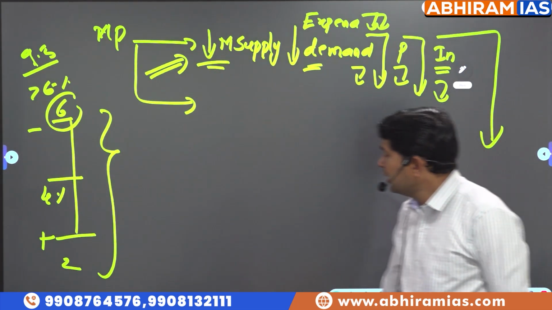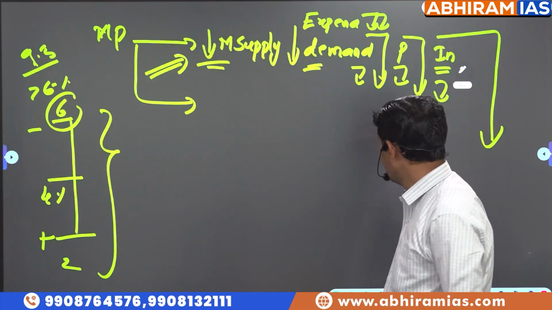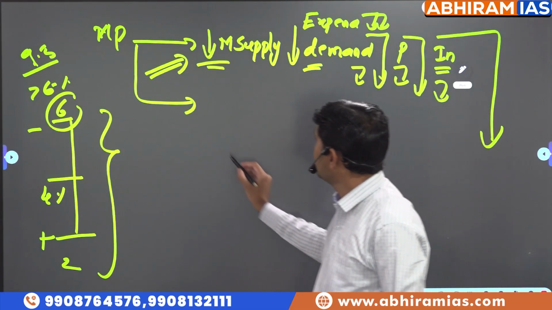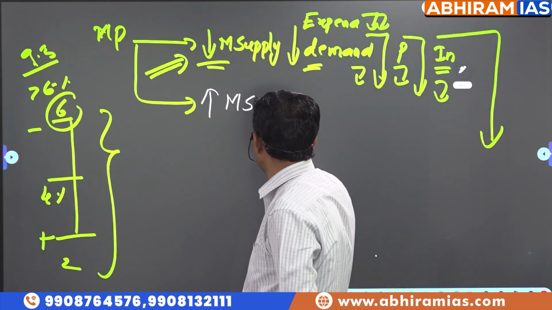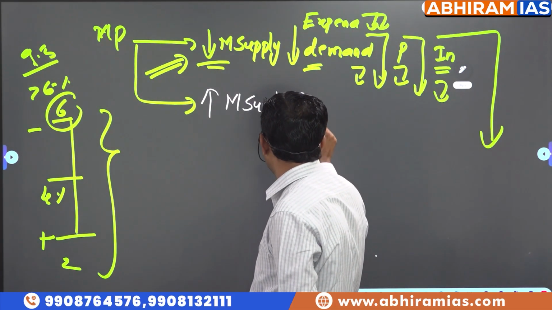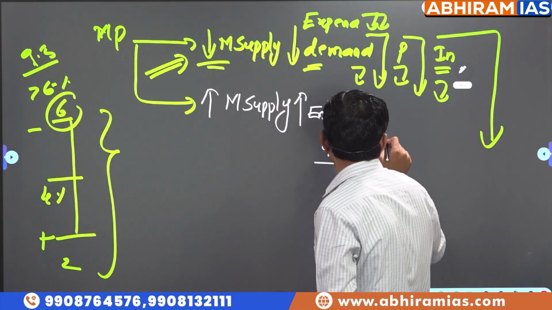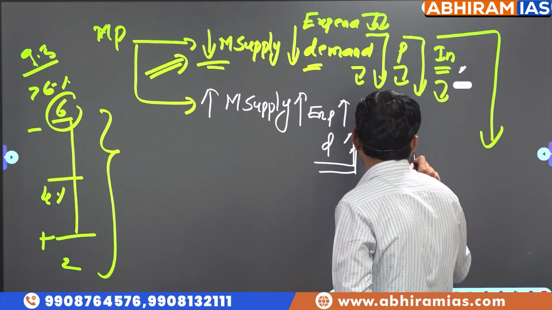If inflation is within the range of 2 to 6, if inflation is under control, we focus on GDP growth rate. So how do we focus on GDP growth rate? By increasing money supply. When money supply increases, obviously expenditure would increase. Demand is expected to increase. Because demand is expected to increase, production starts increasing.